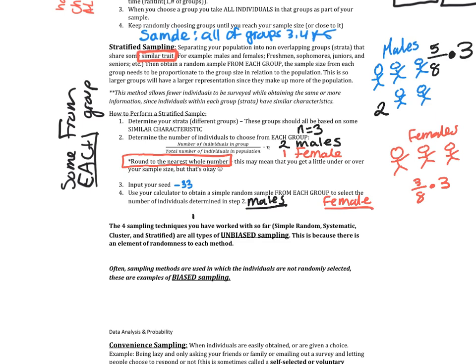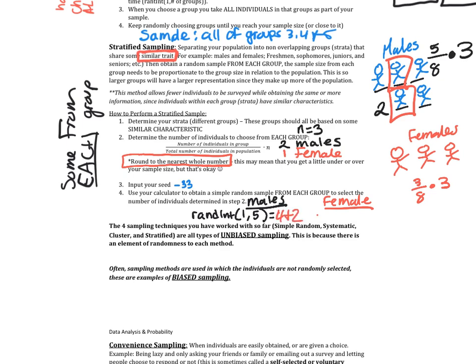So for the males, you'll have randInt 1, 5, because there's 5 males to choose from. And then you're going to hit enter 2 times because we want 2 males. So you're going to take male number 4 and male number 2.